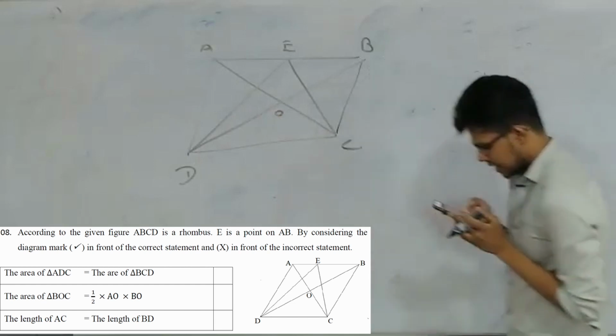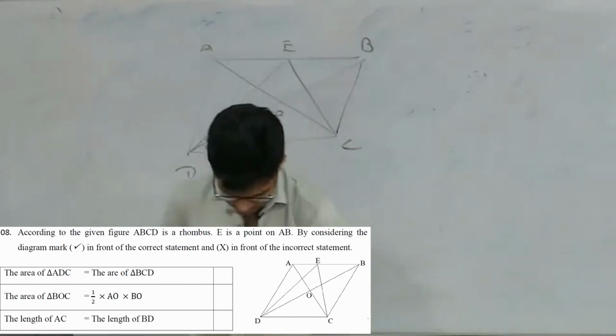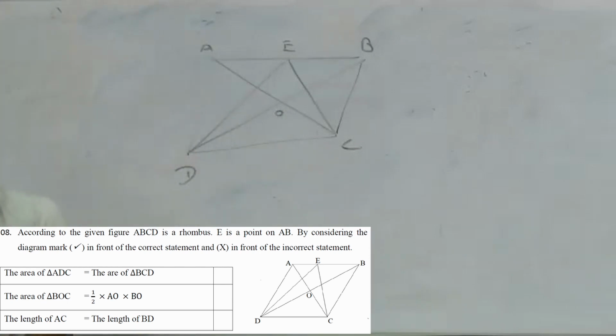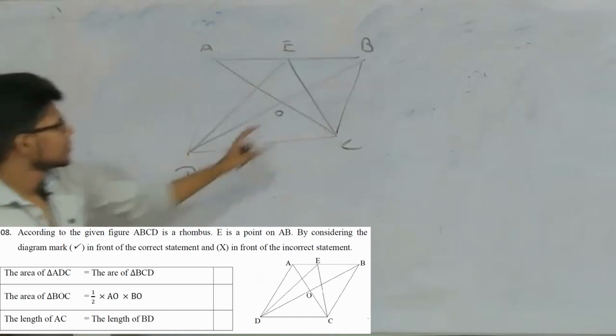Okay, first statement. This type of question, you will get 1 question in your exam also, to mark correct or wrong. So here the first one is: area of triangle ADC is equal to the area of triangle BCD. Where is ACD? Where is BCD?